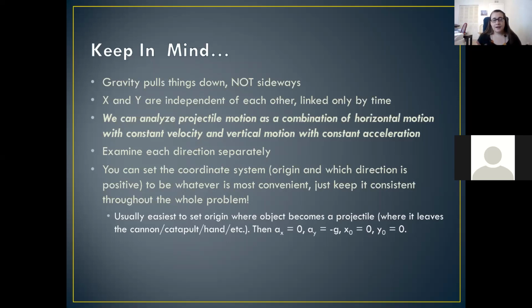At that point, our x acceleration is 0, right? Because, like I said, there's nothing else pulling or pushing it forward. It's just going to move at a constant velocity. And once it leaves our hand or the gun or the cannon or whatever, only gravity is going to be pulling it down. So its y acceleration is -g.